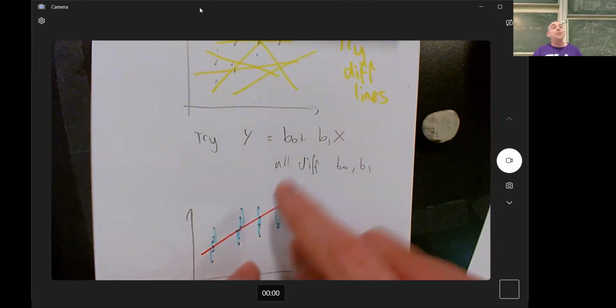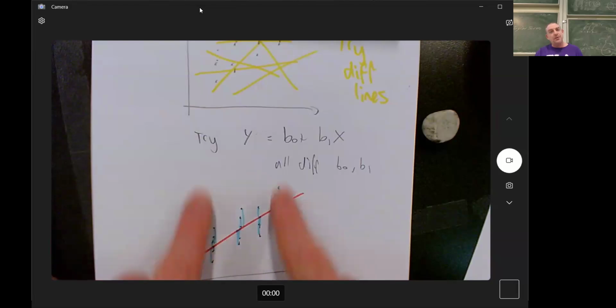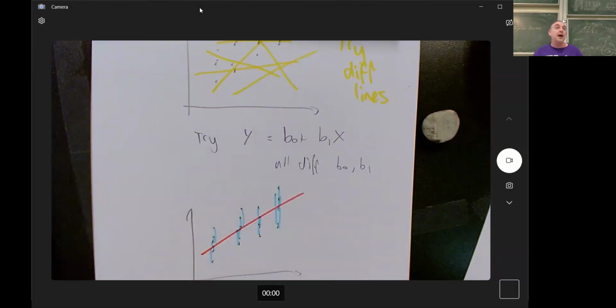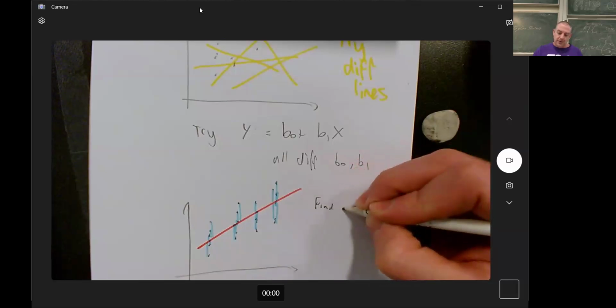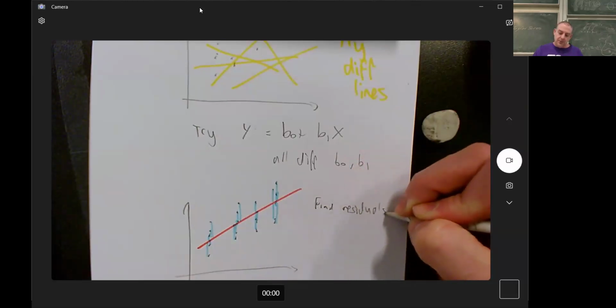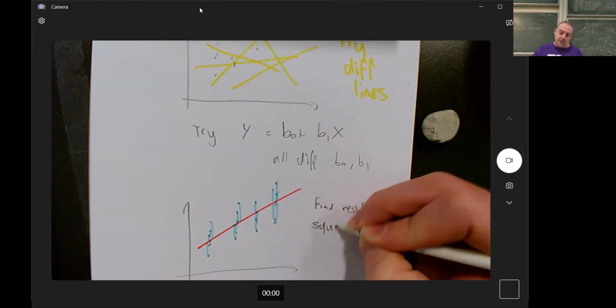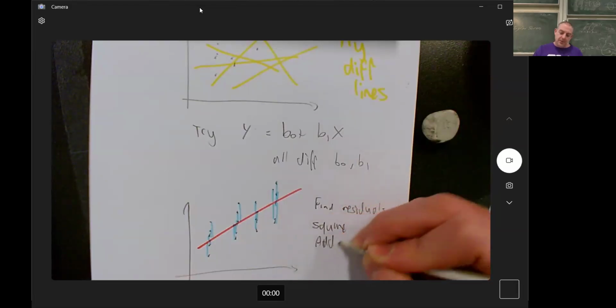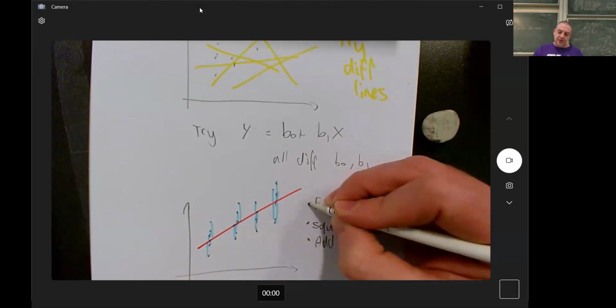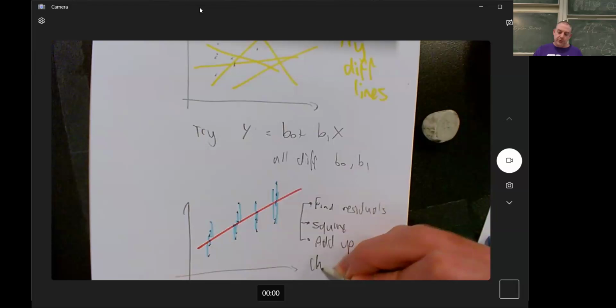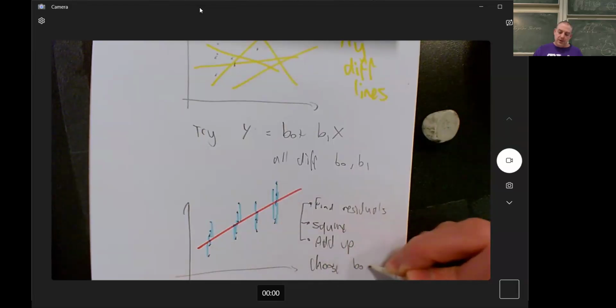How far up and down from the line we are. It's not sideways, it's up and down. And you square all of them and add them up. You try to choose the b0 and b1 that make that total the smallest it can possibly be, which is the reference to the least squares. So you find the residuals, then square them and add them up. That's the procedure. And then you choose b0 and b1 so that this is as small as you can make it.